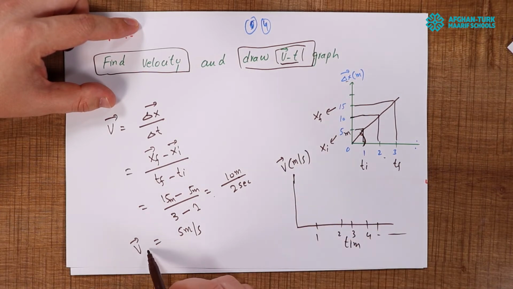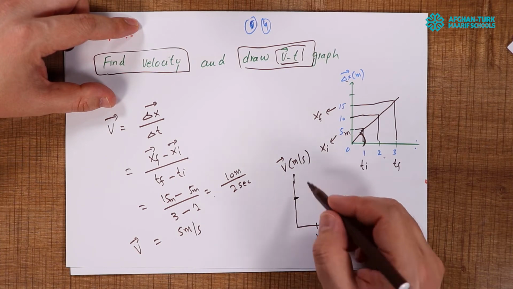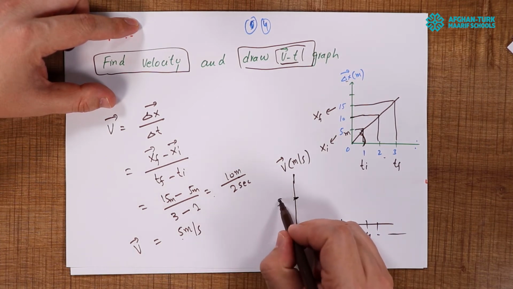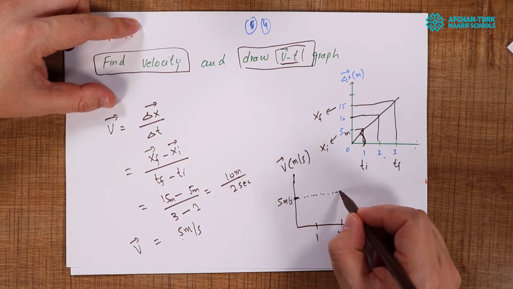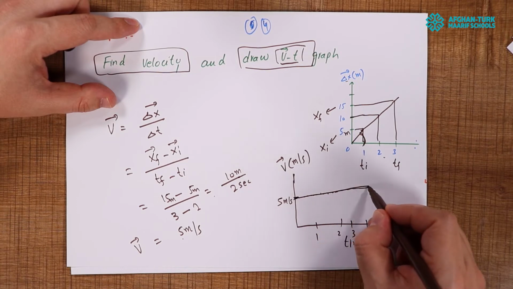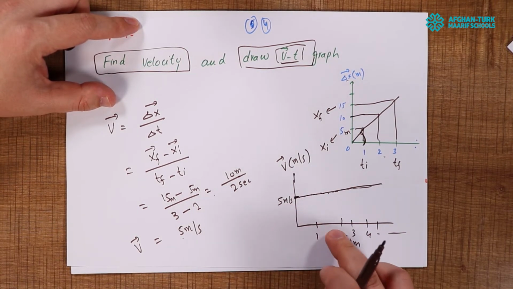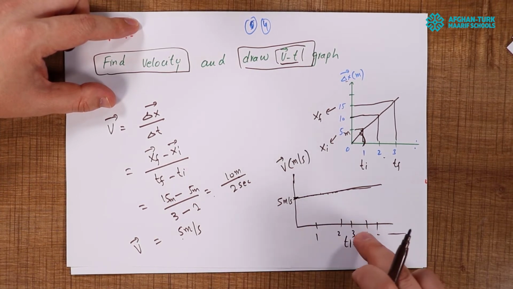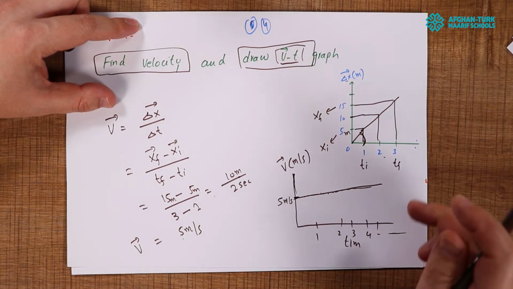So this means that in every second the velocity is constant, and this velocity is 5 meter per second. So this makes a straight line like this. It means in the first second the velocity is 5 meter per second, in the second second the velocity is 5 meter per second, and third, and so on. So this is the VT graph.